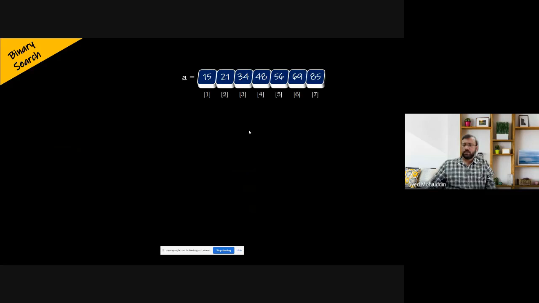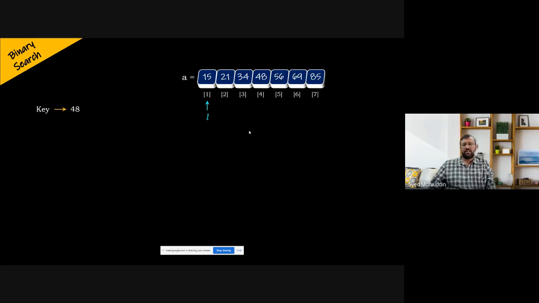Before we go on to see any algorithm, we will look at how this works. Let us say we are trying to search for the key 48, or the search element is 48. Now we will compute the mid index. To compute the mid index, we need to know the start index.